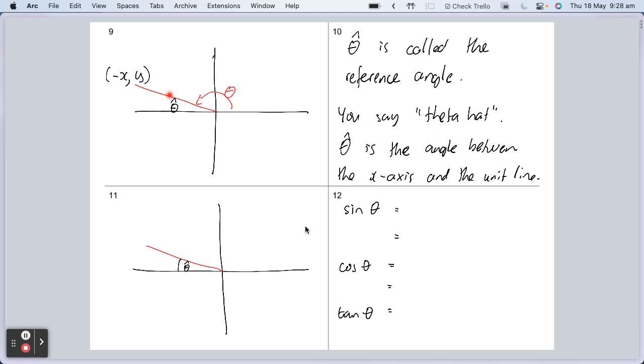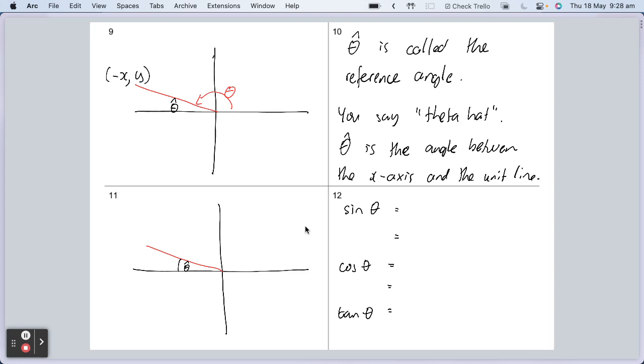So in this left-hand side triangle we have an acute angle triangle, and therefore sine of theta hat is opposite over hypotenuse, which is y over 1. Cosine of theta hat is adjacent, negative x over 1. And tan is y over negative x. So the coordinate here is worked out from theta hat.